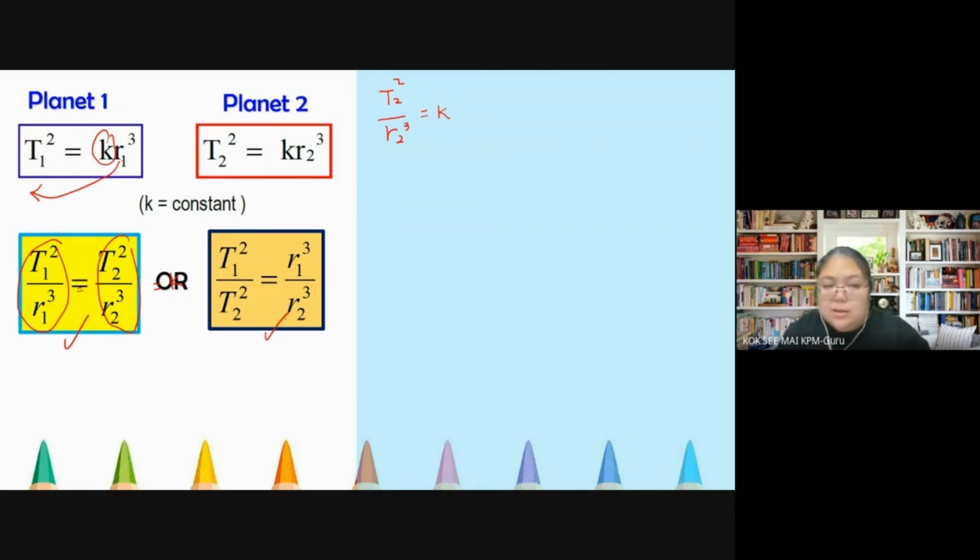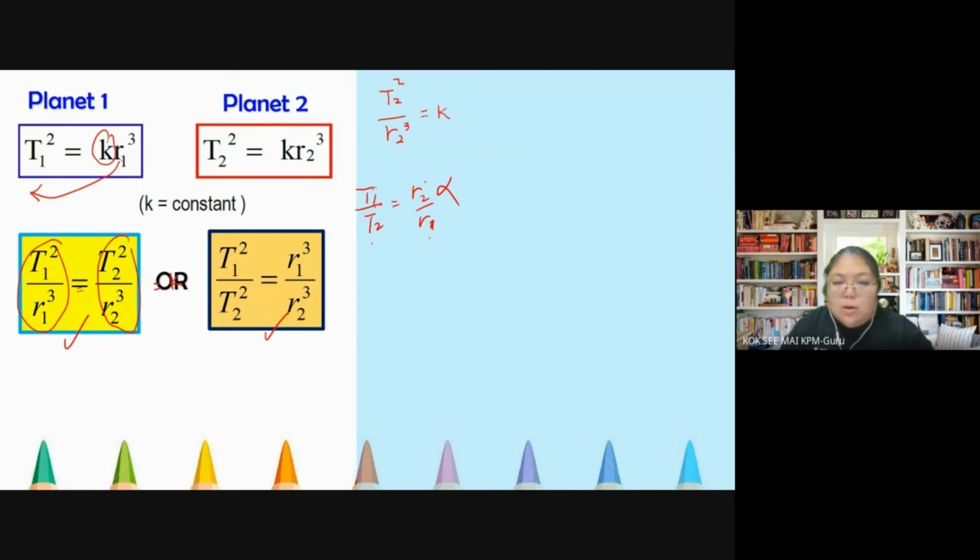So finally, for the formula from Kepler's third law, you can use the first form or the second form. In the first form, if you use T1 on top, then at the bottom is R1. In the other form, if you use T1 over T2, then the other side is R1 over R2. If you write T1 over T2, then later R2 over R1, like this is wrong already. Cannot mix: 1 over 2 must be 1 over 2.